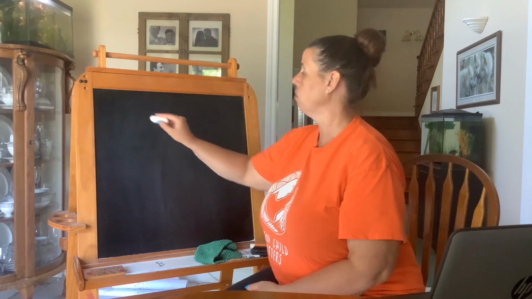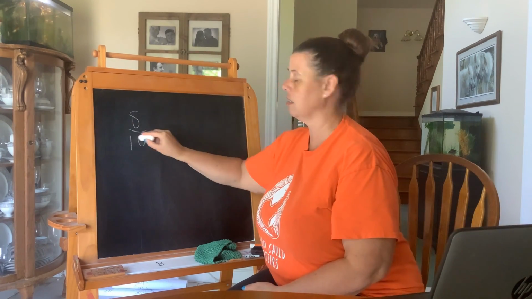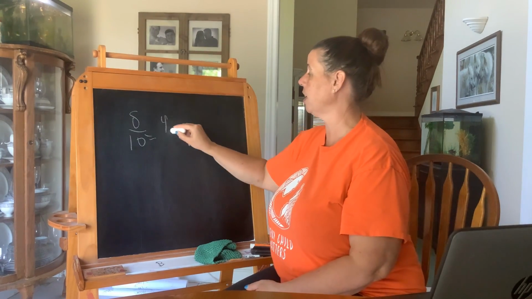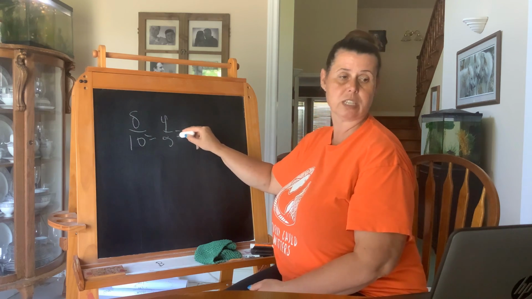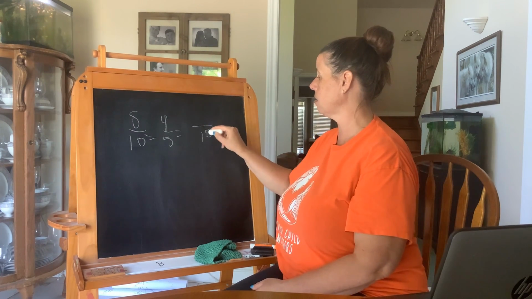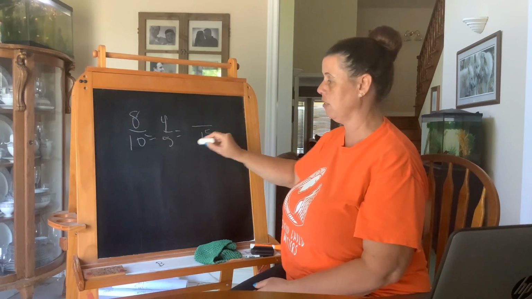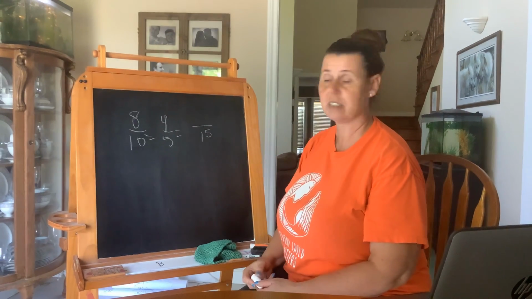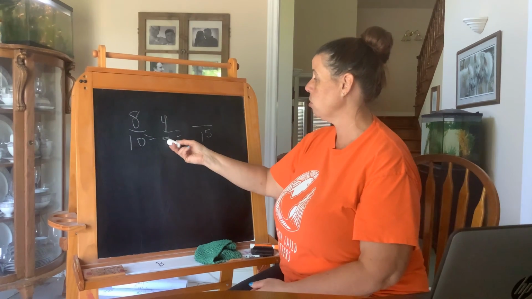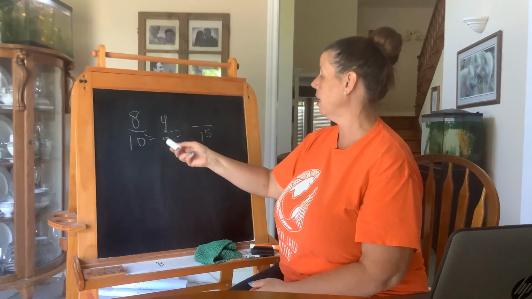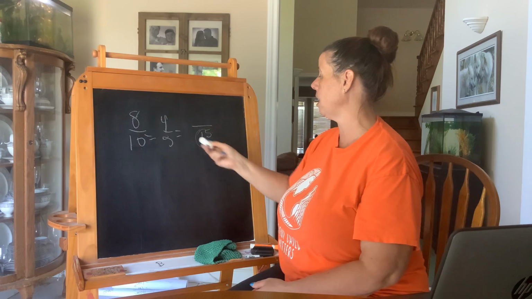So, first one, 8/10 equals 4/5 equals how many 15ths? Okay? So we started with 8/10. I could not have gone from 10 to 15. So I had to reduce it first. So I had to find a number that could make it to 15.